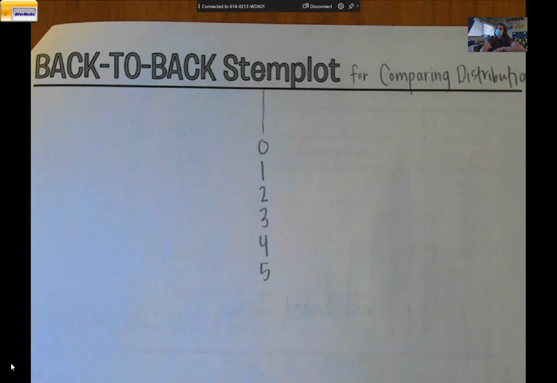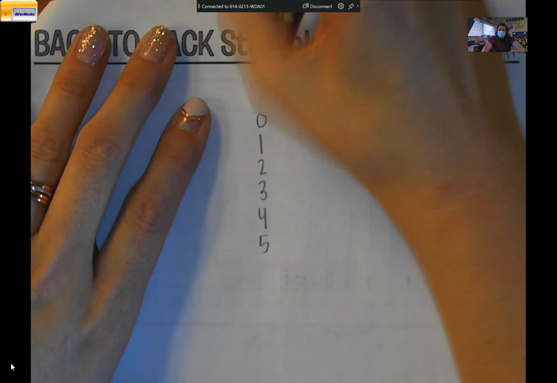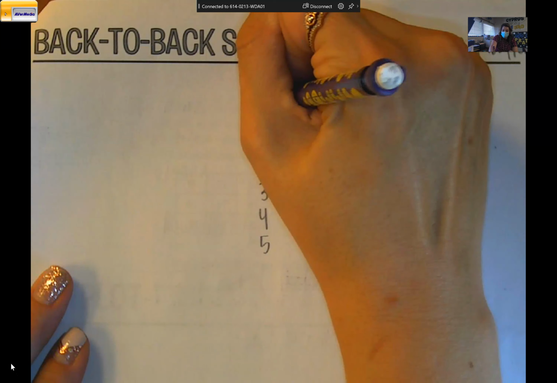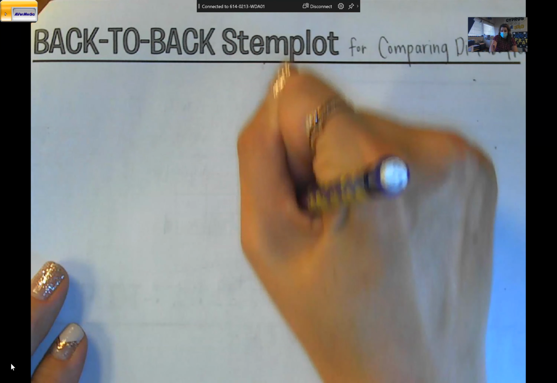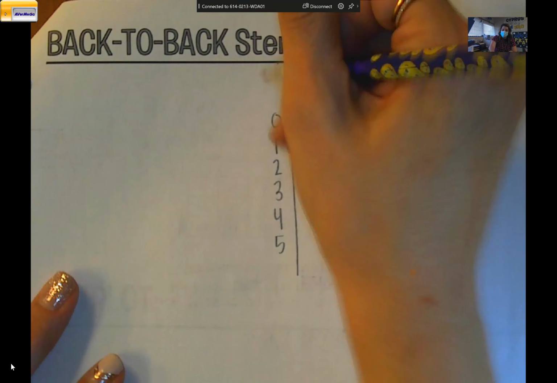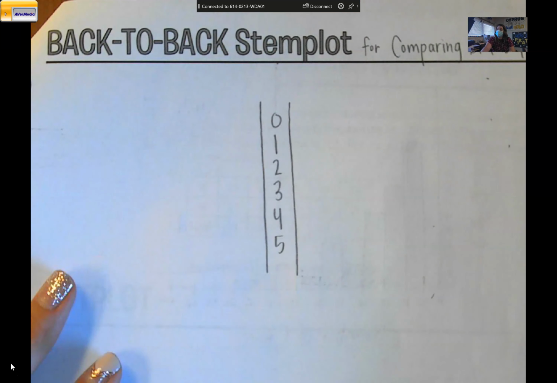And you want it to be in the center of your paper, not to the left of your paper. When you do a back-to-back stem plot, you not only have a vertical line to the right, but now you're also going to have a vertical line to the left.